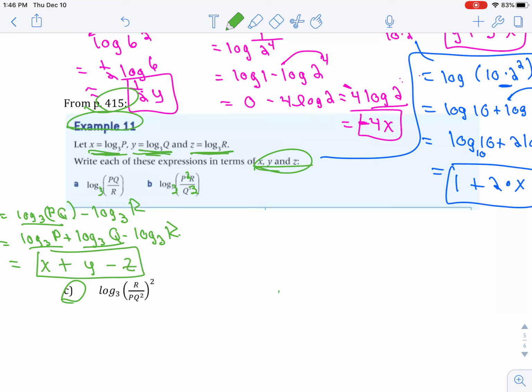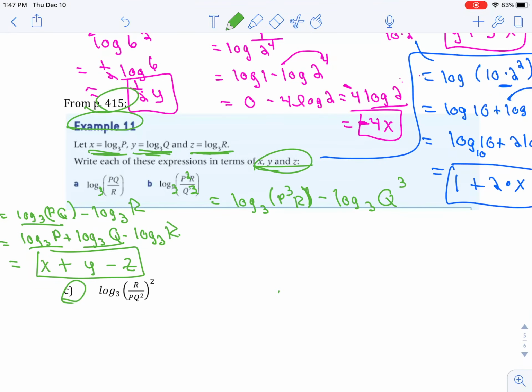All right, for B, again I have the log of a quotient, so this is going to turn into the log of the numerator, the log base 3 of P squared R, minus the log base 3 of Q to the third. Remember, that's what the original denominator was.